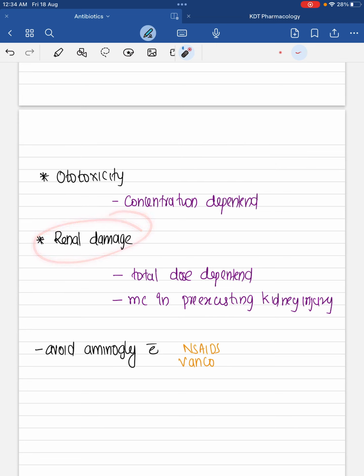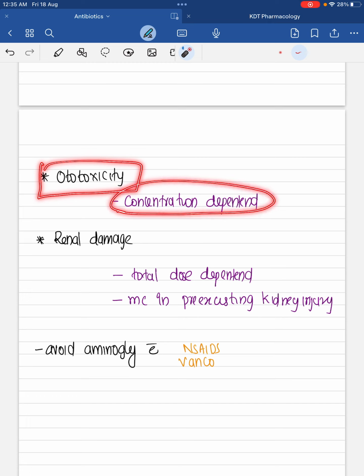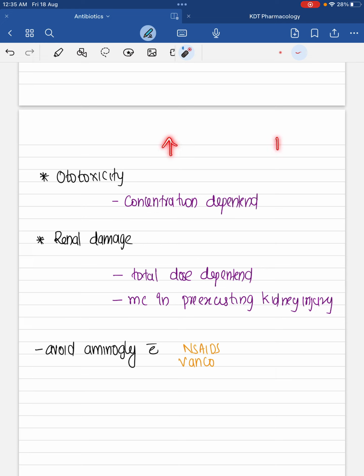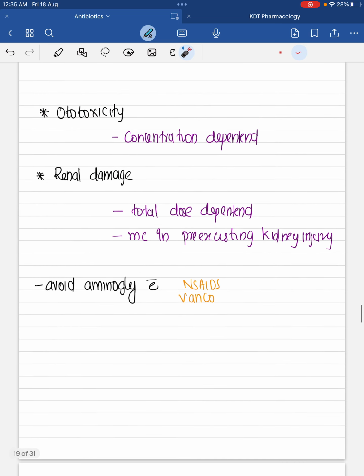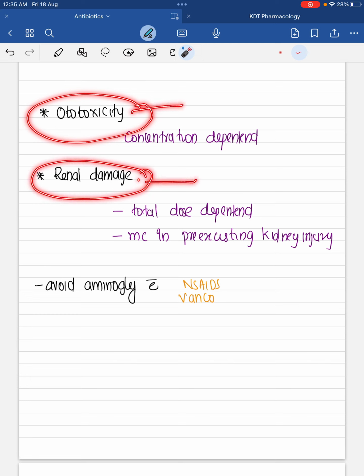But renal damage is total dose dependent, which means how much total dose the child gets during a course will decide the renal damage, whereas ototoxicity is mainly concentration at each point of time. You take a morning dose, you take an evening dose, and in between, how much concentration is there will decide ototoxicity.